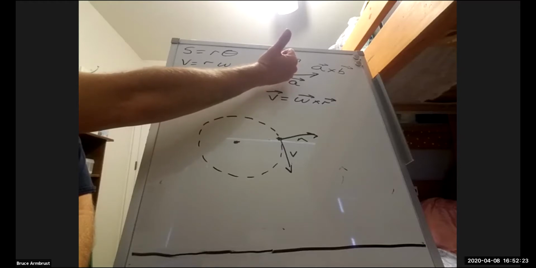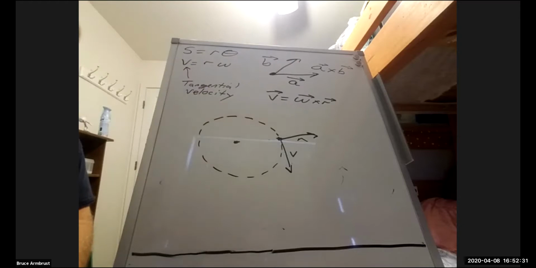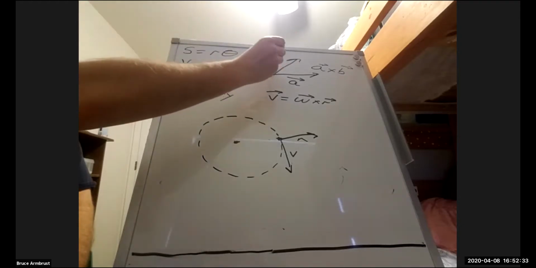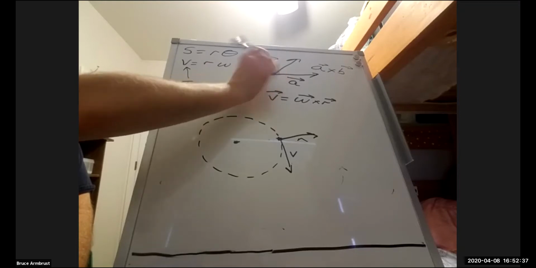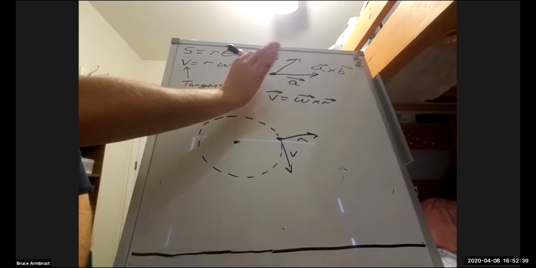You notice that the thumb is pointing towards you guys, away from the board. So that tells me that A cross B, that vector, is coming out of the board. How big it is, that's another story. We're just talking about direction.